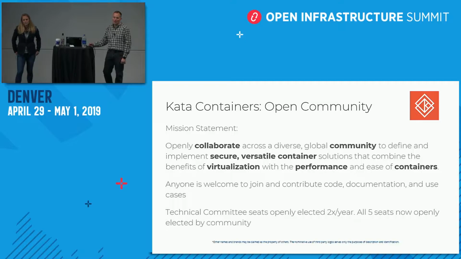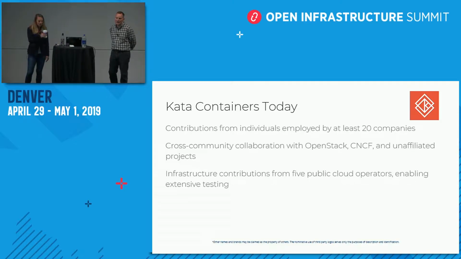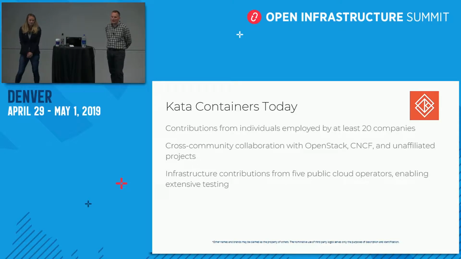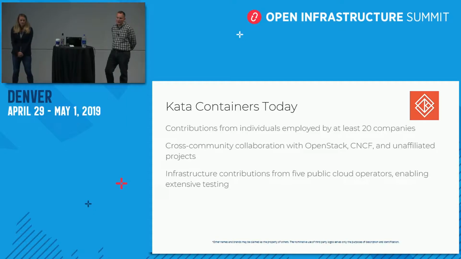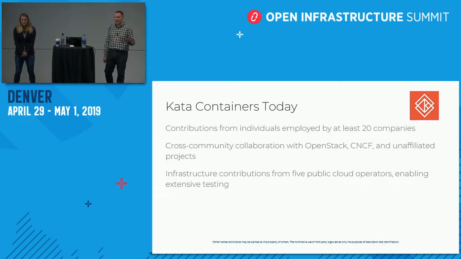Today, Kata Containers has contributions from individuals employed by at least 20 companies. There's cross-community collaboration across the OpenStack community, the CNCF, and some other unaffiliated projects like AWS's Firecracker. And they're receiving infrastructure contributions from 5 public cloud operators. So they're doing extensive testing throughout the ecosystem, which is really important.